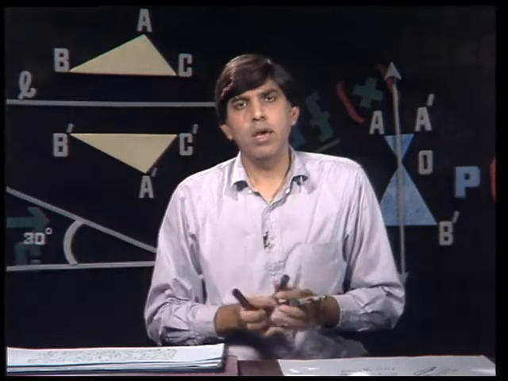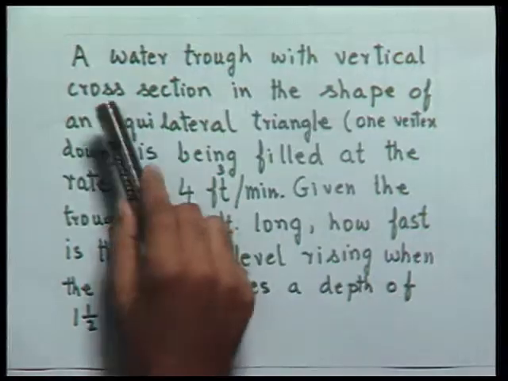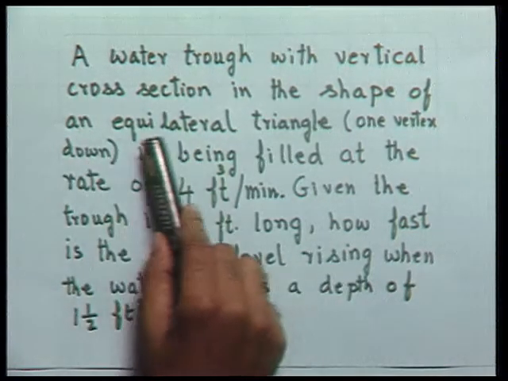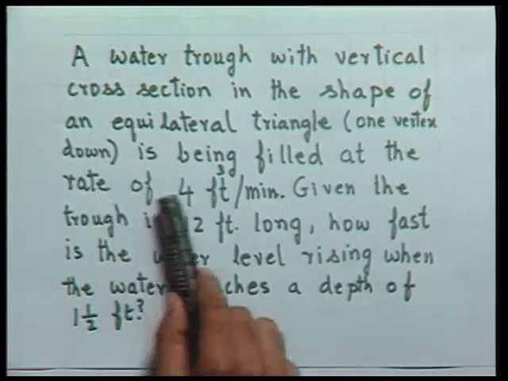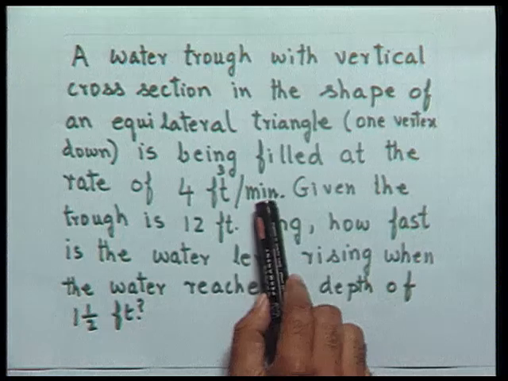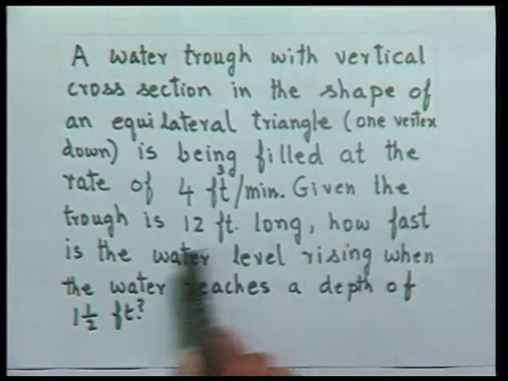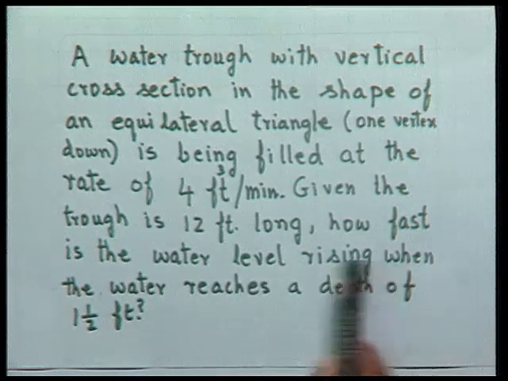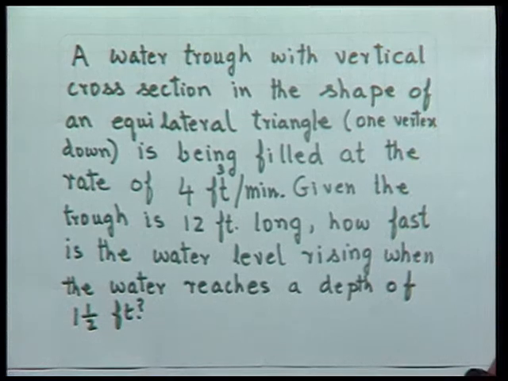Okay? Let's read the problem again. A water trough with vertical cross section in the shape of an equilateral triangle with one vertex down is being filled at the rate of 4 feet cube per minute. Given the trough is 12 feet long, how fast is the water level rising when the water reaches a depth of 1.5 feet?